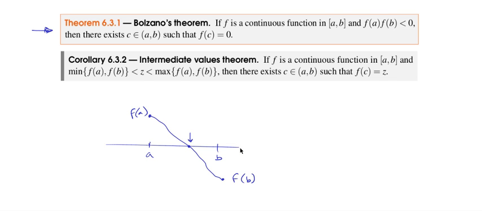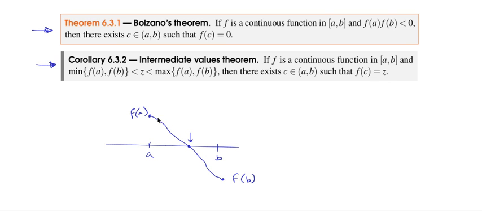The first corollary, and one of the most important corollaries from Bolzano's theorem, is the intermediate value theorem, which says that if we have a function f that is continuous in this closed interval [a, b], and that we have a value z that is between the minimum of f(a) and f(b), and the maximum of f(a) and f(b), then there is a value c in this interval such that the mapped value of f at c is going to be z.